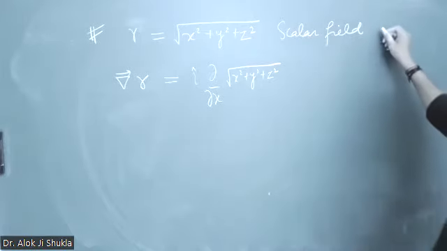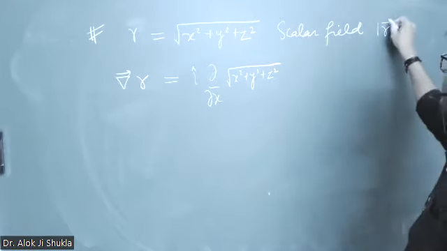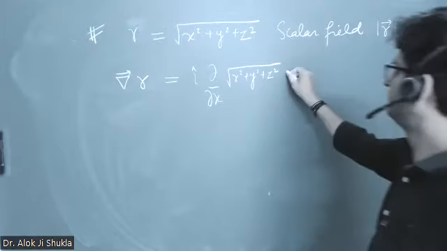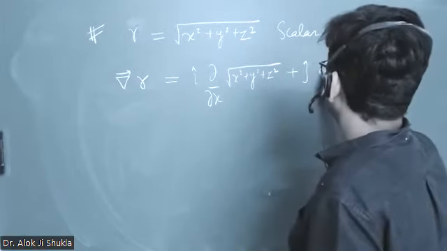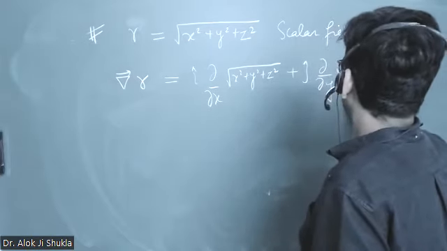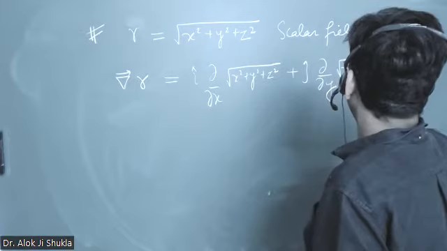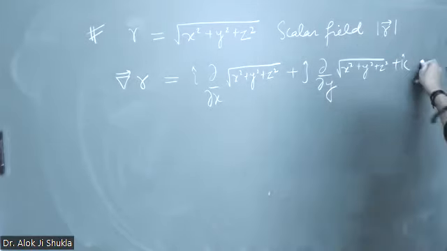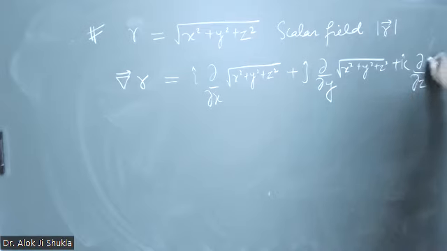It is just magnitude of a position vector, right? Yes, sir. Plus j cap del by del y of root of x square plus y square plus z square plus k cap del by del z of same.